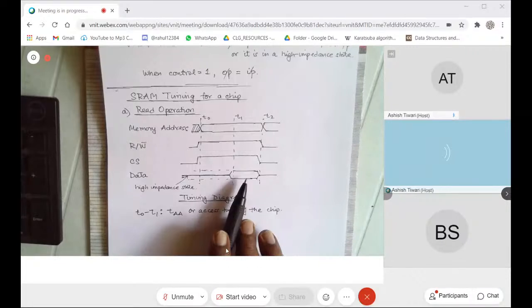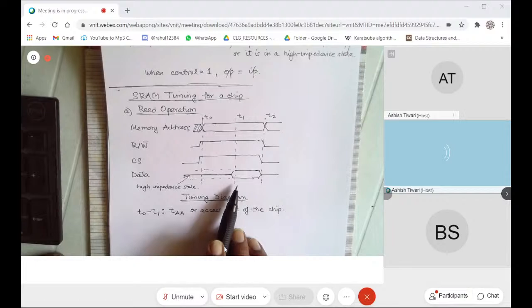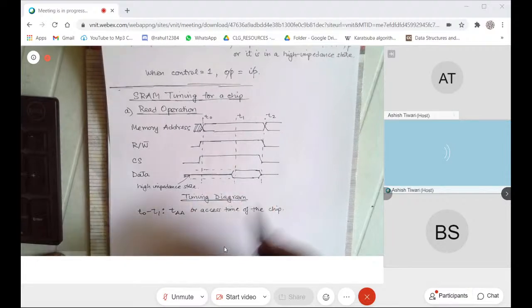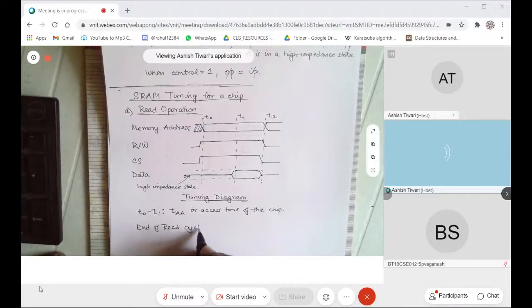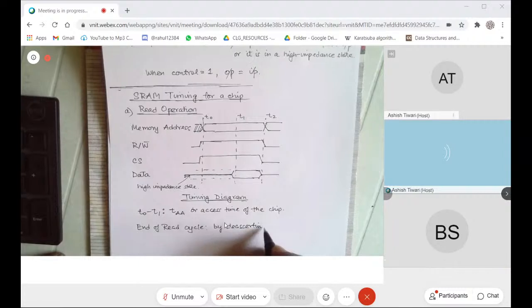And then what do you realize? That you can end the read cycle by deasserting CS. Right?